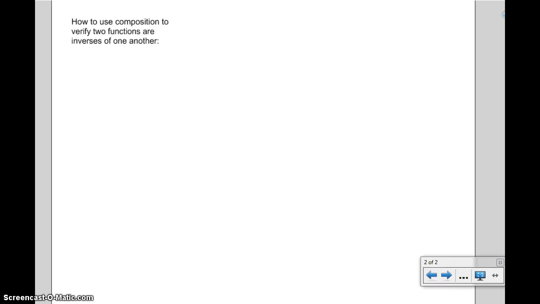Last but not least, the last concept that we learned with composition is how to verify that two functions are inverses of each other. So let's say you have one function, which is f of x, and you're told that f of x is 2x plus 7.